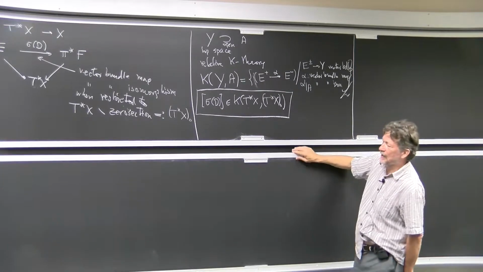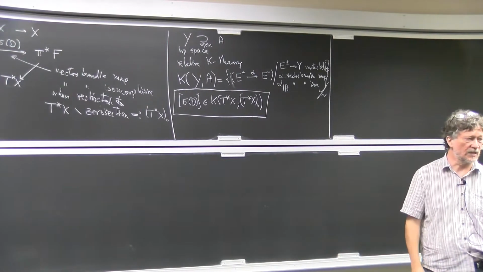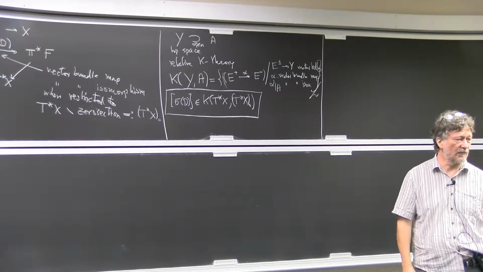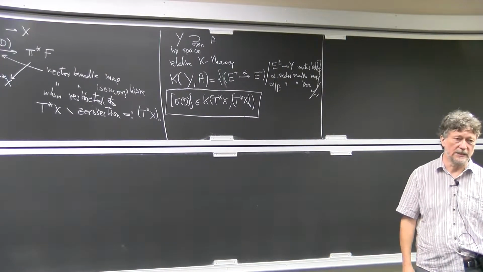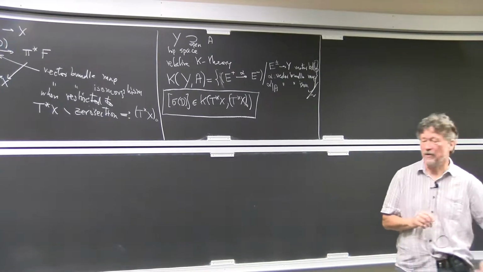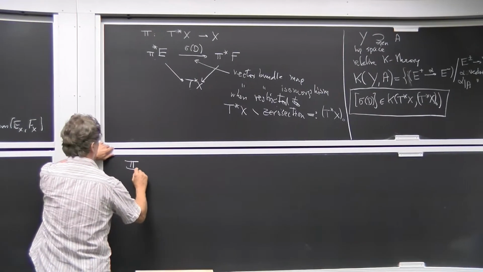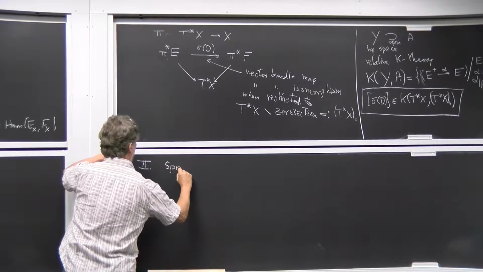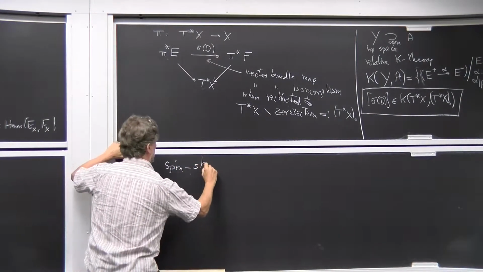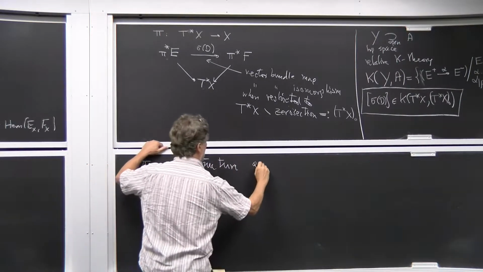And you know that in favorable situations, you have a Thom isomorphism there. It turns out that for K-theory, that happens if you have a spin or a spin-C structure. And that's the next thing I want to discuss. So I want to talk in my second part of the talk about spin structures and K-theory orientations.